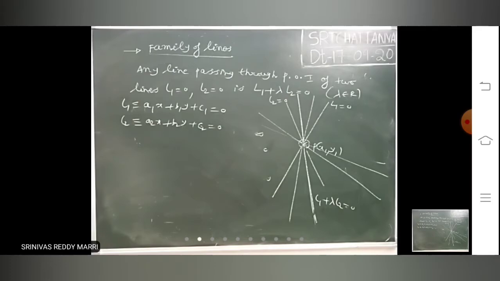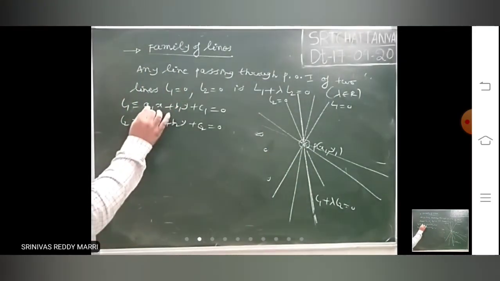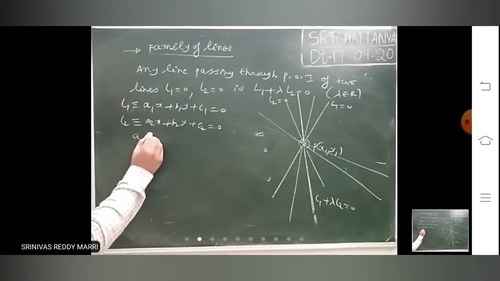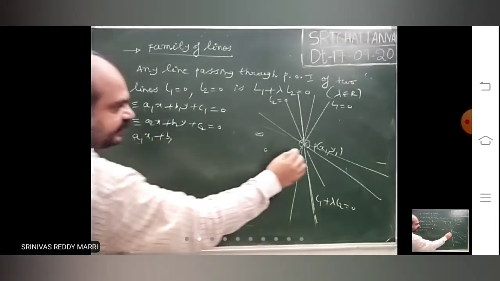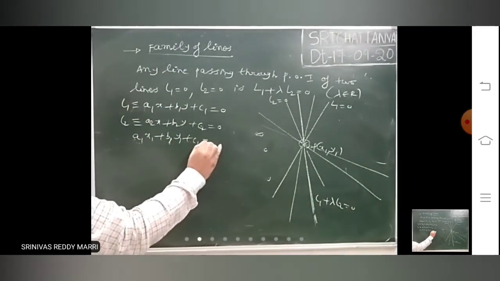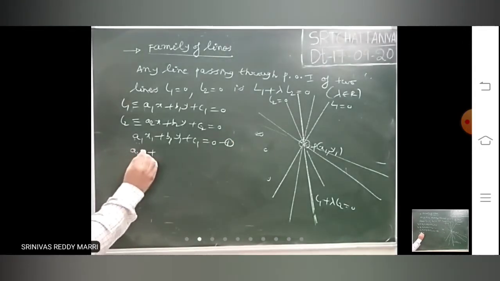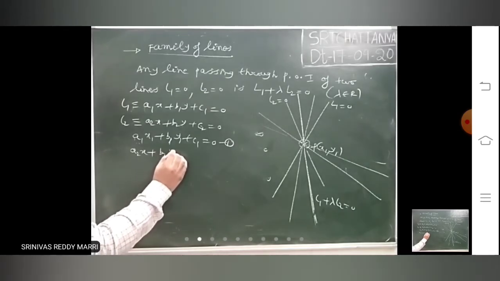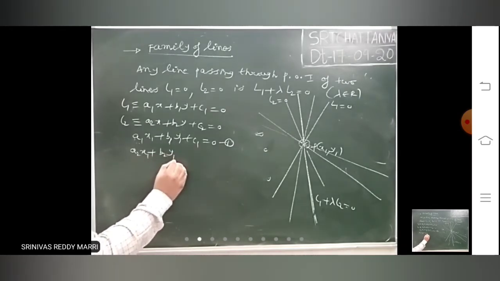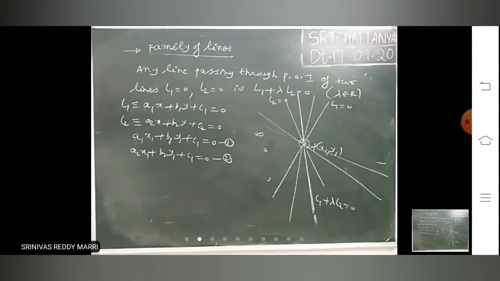We have taken the intersection point as x1, y1. That means it lies on L1, and it lies on L2 as well. It must satisfy both, as this is the point of intersection. It will lie on both the lines. That means this is one condition you got.